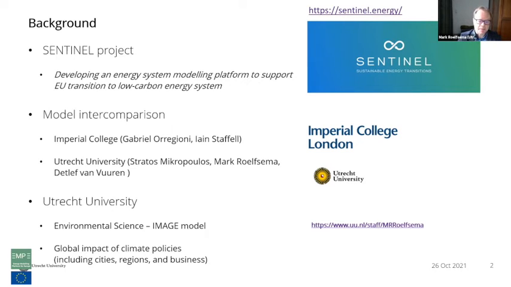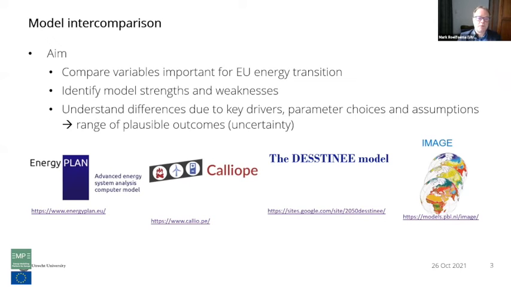Personally, I especially work on assessing the global impact of climate policies from governments, but also climate actions from cities, regions, and businesses. So the aim of the model comparison is that we want to compare variables that are important for the EU transition, and we want to compare these variables from different models. This is actually to identify the strengths and weaknesses of these models, of these participants.